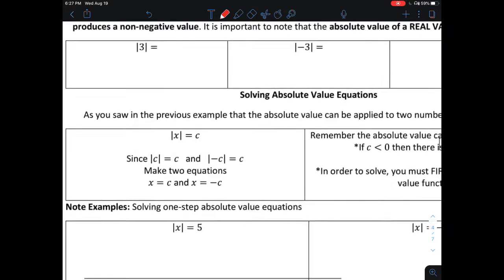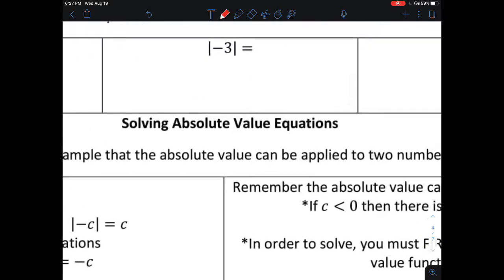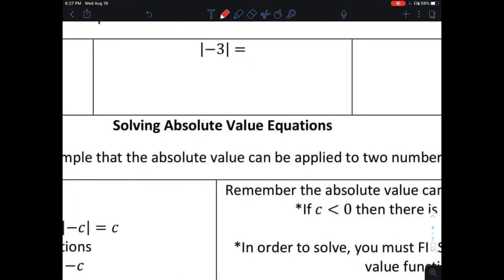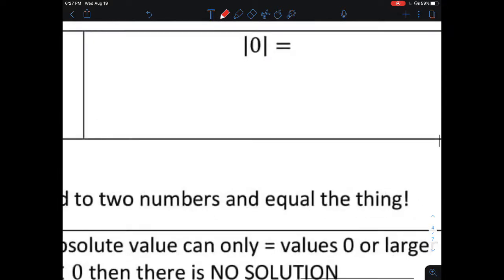So, looking at the first example, that's what the two vertical lines mean. So the absolute value of +3. Well, how far away is +3 from 0? 3 units. So the absolute value of +3 is +3. Well, what about the absolute value of -3? Well, -3 is also 3 units away from 0. So the absolute value of -3 turns into +3. What about 0?